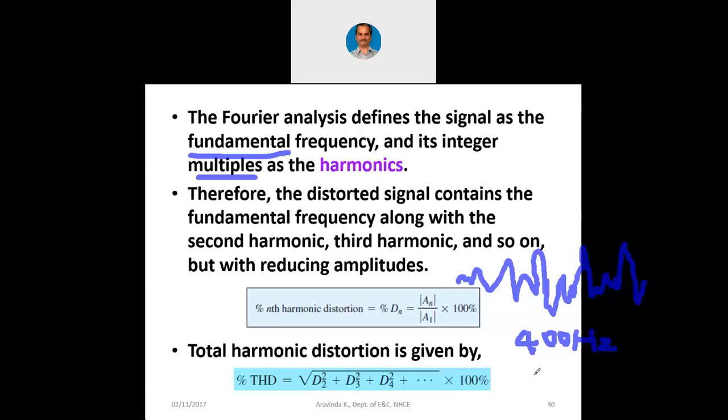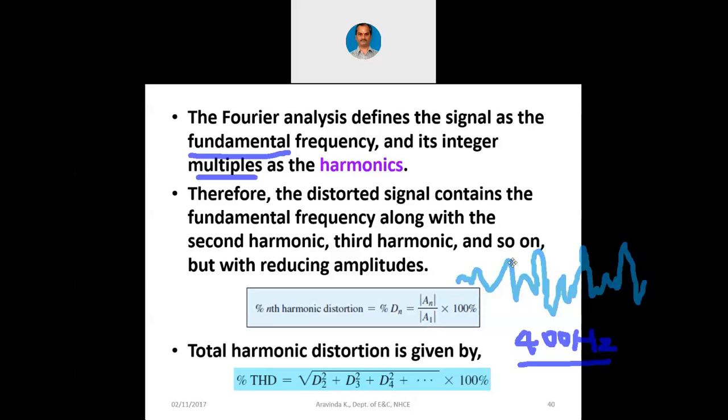We don't know. So female voice is between 600 to 900 Hz, whereas male voice can be between 300 to 600 Hz. I am considering my voice's fundamental frequency to be around 400 Hz. Now, using 400 Hz and its integer multiples as harmonics, that means 800 Hz, then 1200 Hz, 1600 Hz, 2000 Hz, it can go on till infinity with different constants.